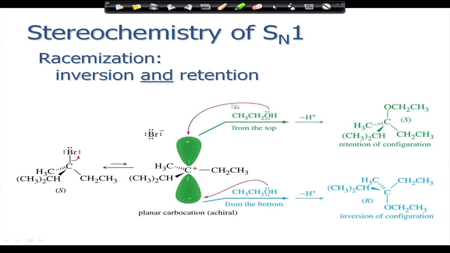Now, if the nucleophile attacks from the top, it will give this compound, and if you work out the configuration, it will turn out to be S, and if it comes from the bottom, then it will turn out to be R. So, what you will get is a racemic mixture of these 2 compounds.